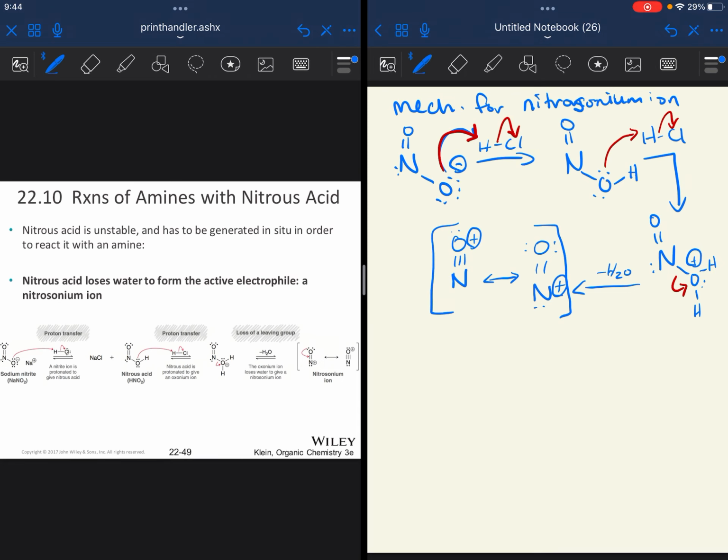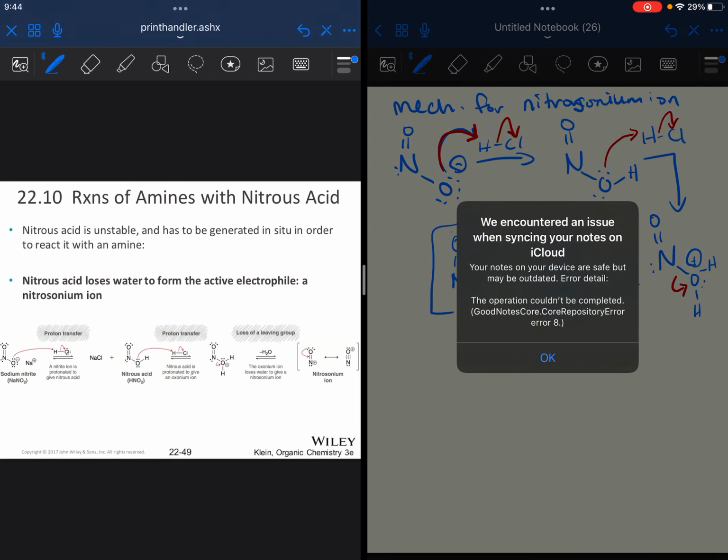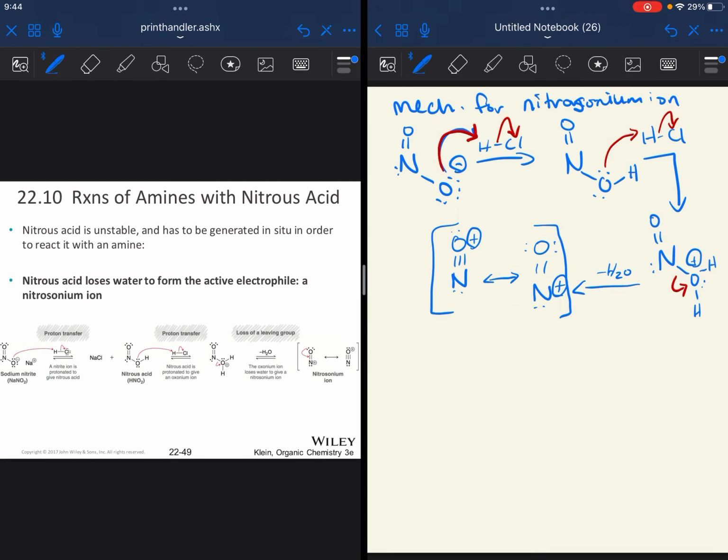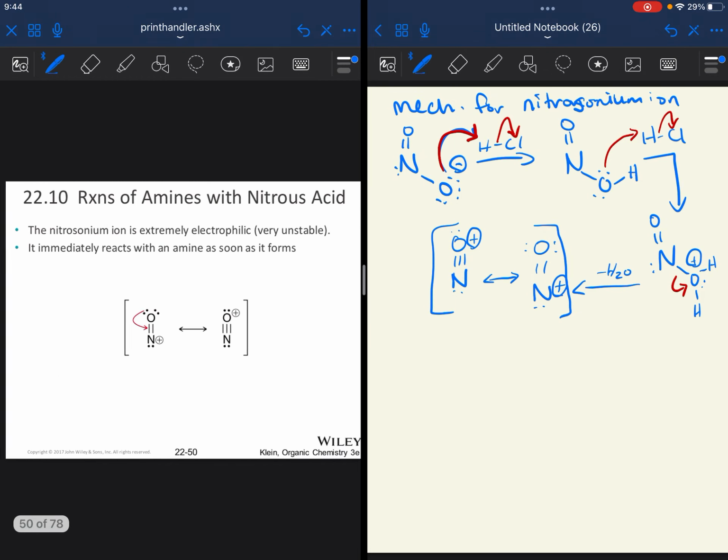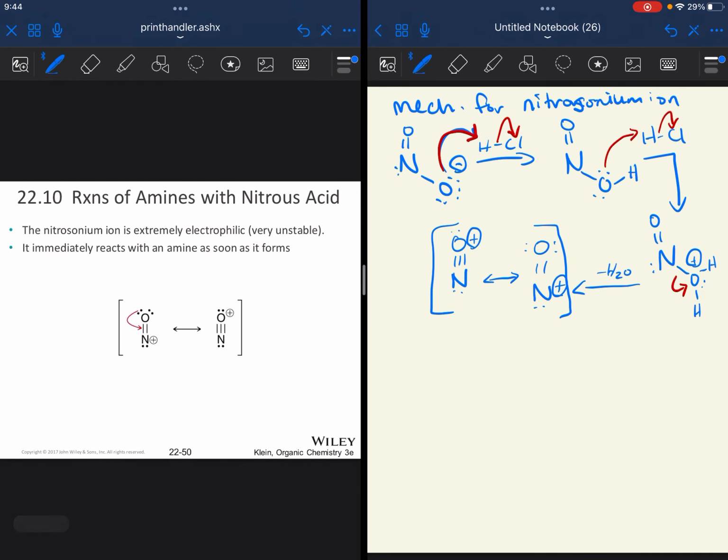All right, so there's the little resonance structure for the nitrosonium ion. It's extremely electrophilic, very unstable. Again, why we can't buy it in a bottle, why we have to make it. But it will react with the amine immediately. It's a very fast reaction.